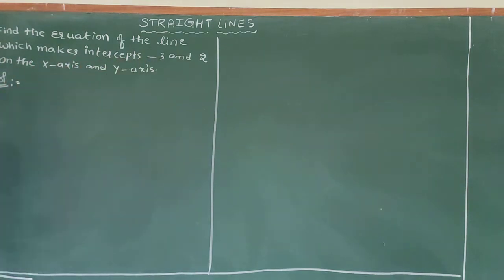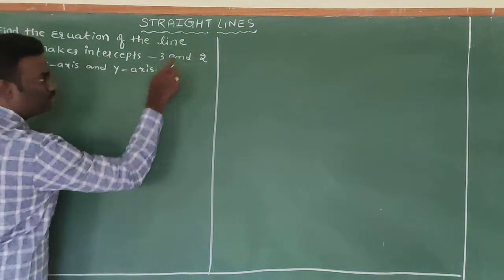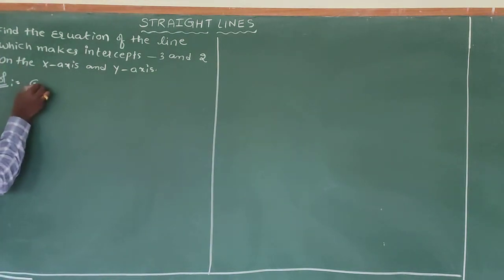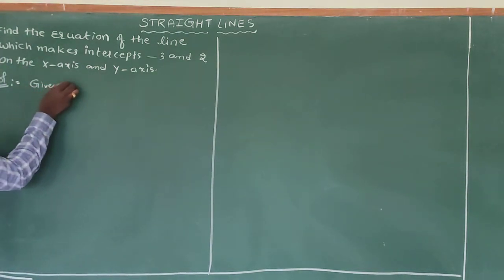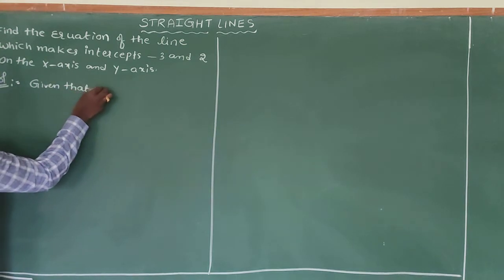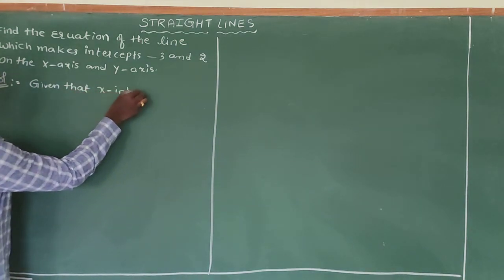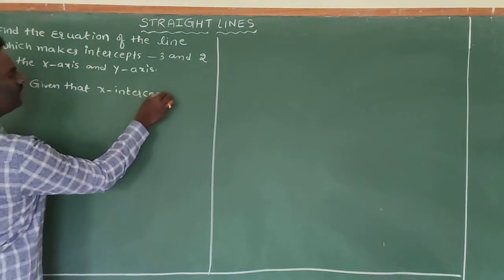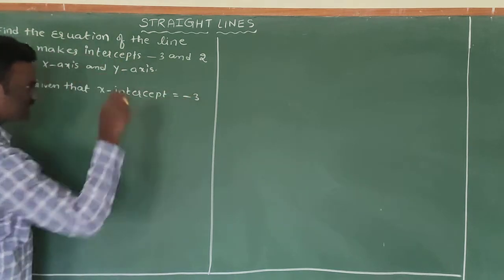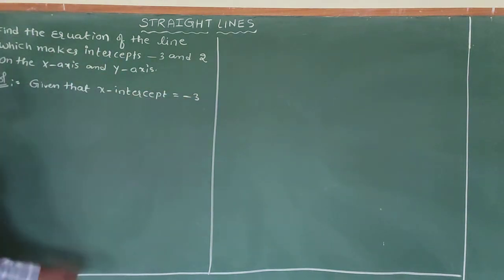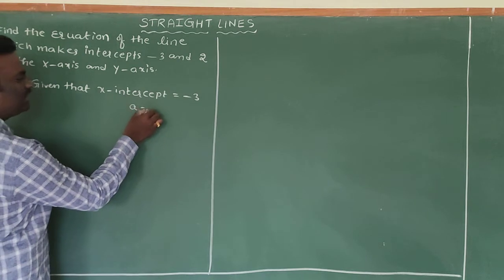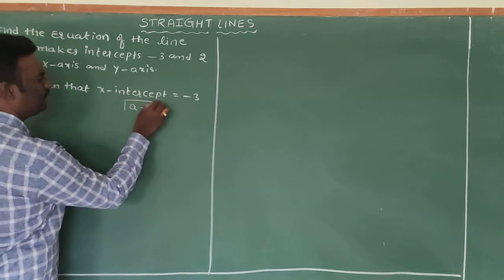So the given intercepts are -3 and 2. Given that x intercept is equal to -3. X intercept is denoted with small a, that is -3.